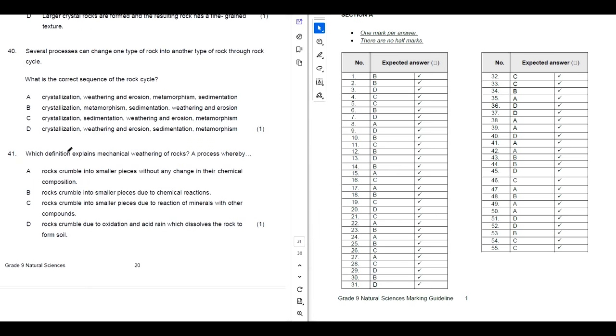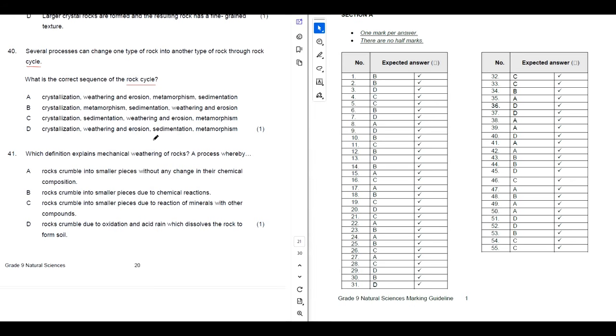Okay, and then next we will move to question 40, which says that several processes can change one type of rock into another type of rock through the rock cycle. So now the question says, what is the correct sequence of the rock cycle?